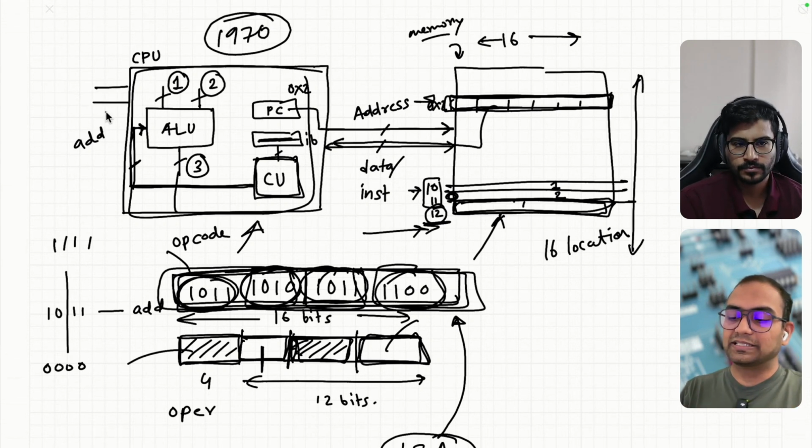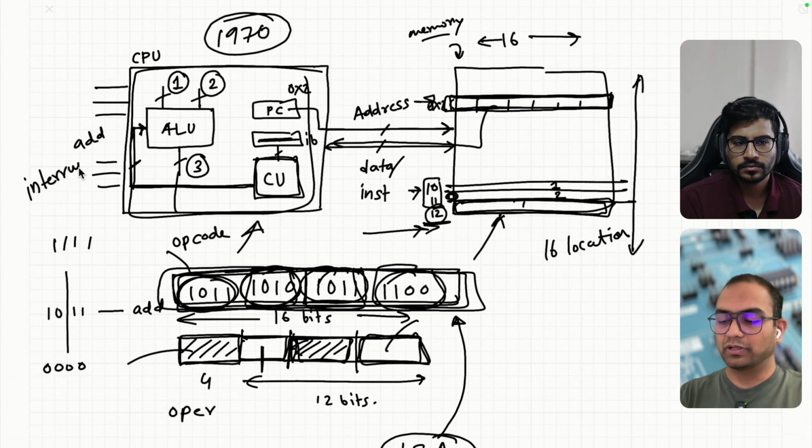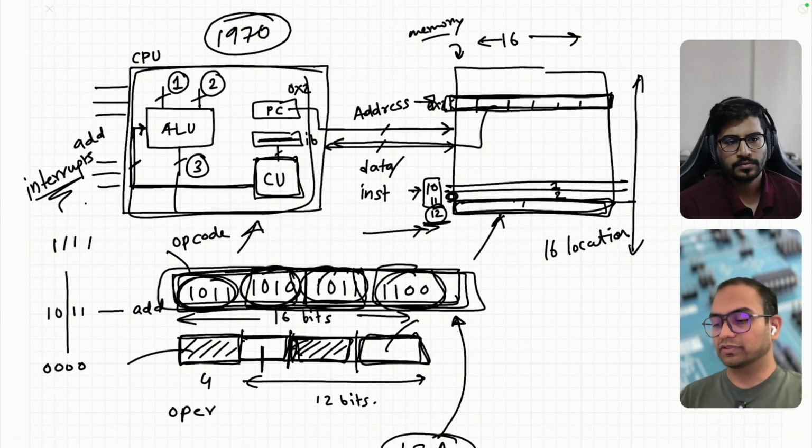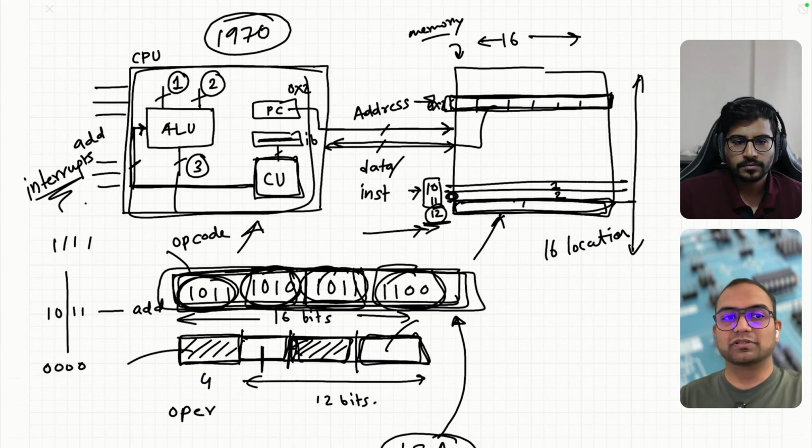After the 1970s, over time CPUs also evolved to handle something called interrupts, and we'll talk about that in subsequent lectures. There are a few additions that happen to the CPU, and they evolve. As you come to the 2000s and 2020s, things have changed drastically, but the underlying concepts are the same.